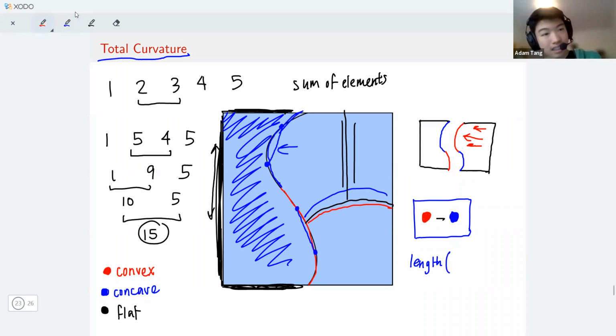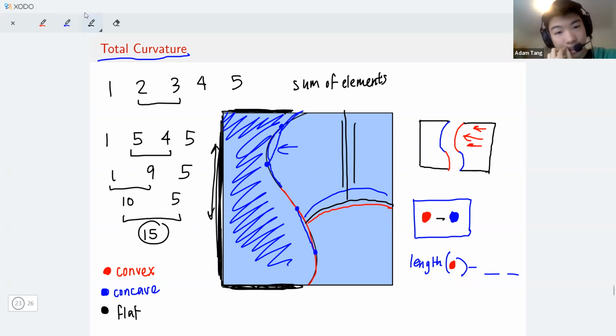So length of red minus length of blue. This value will remain invariant because every cut will produce a pair of blue and red segments that exactly cancel out.